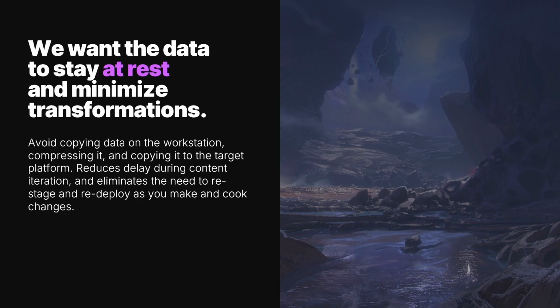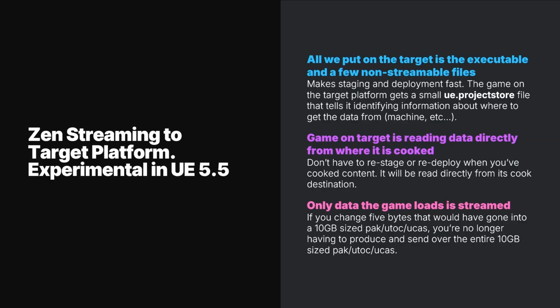What we're doing here is that we want the data to stay at rest and minimize transformations. So we want to avoid copying the data on the workstation, compressing it, copying it to the target platform. This reduces delay during content iteration and eliminates the need to restage and redeploy as you make and cook changes. All we put on the target device is the executable and a few non-streamable files.